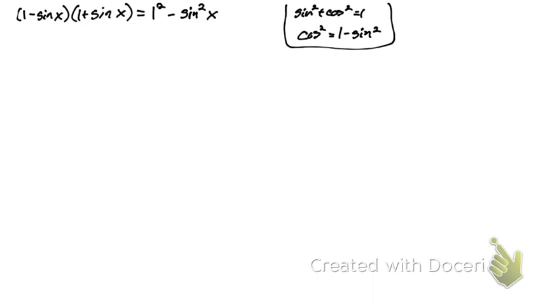So now I can recognize that it's 1 minus sine squared equals cosine squared, so we just plug cosine squared in that place. And you just have that equals cosine squared x. That's why I had that note down there, because I'll do that almost every single time on those.